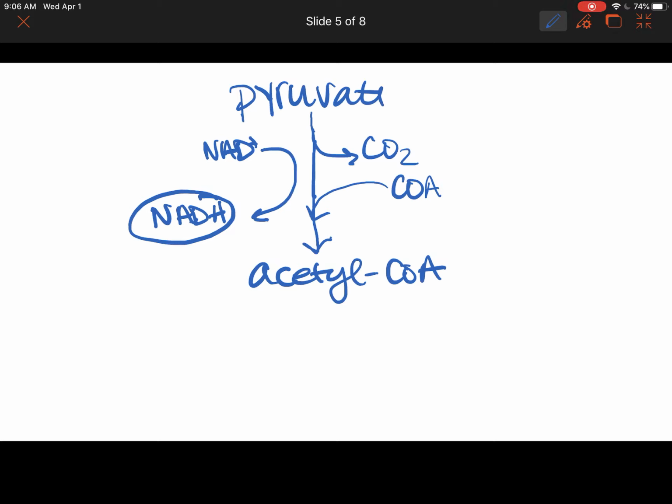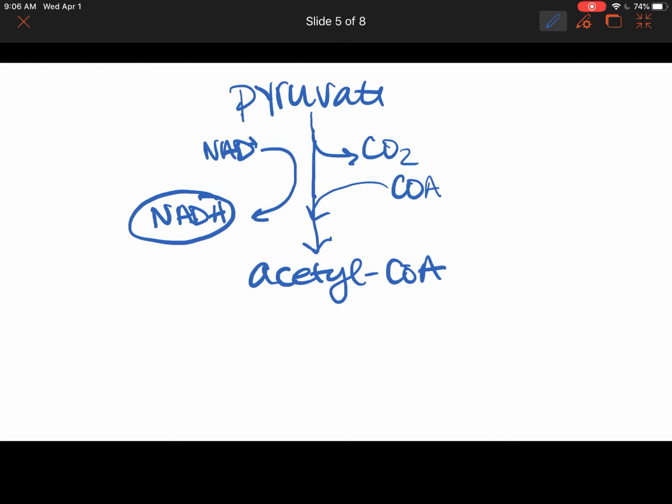Okay, so the oxidation of pyruvate is an energy harvesting step. That energy is now in the form of NADH. But we just got 1 NADH per pyruvate. Sorry, dog's barking in the background. How many pyruvates did we get per glucose? We got 2, because remember glucose is split in half. And so we wound up with 2 pyruvates per glucose. So each pyruvate is going to be oxidized.